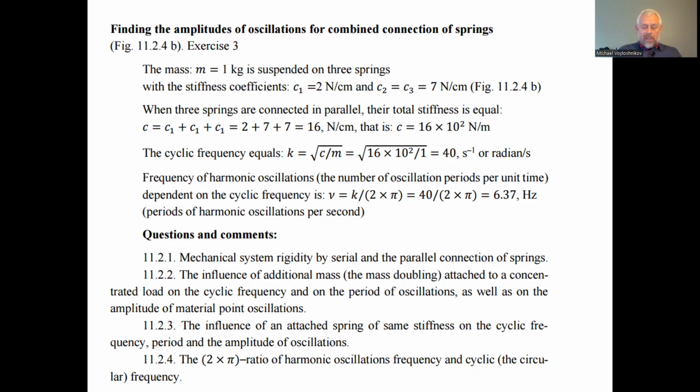If we attach springs in parallel, the common stiffness of the whole suspension is equal to the total of the stiffnesses of all springs in the suspension. The cyclic frequency for the connection of the springs in series reduces in proportion to the square root of the reduction of the stiffness of the suspension by the springs in series.